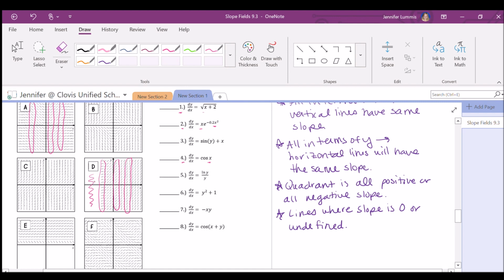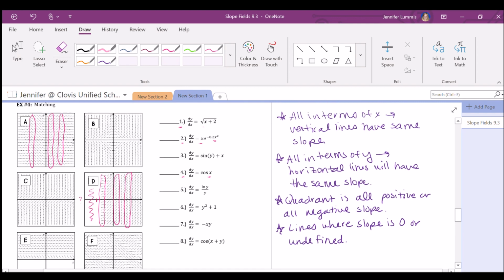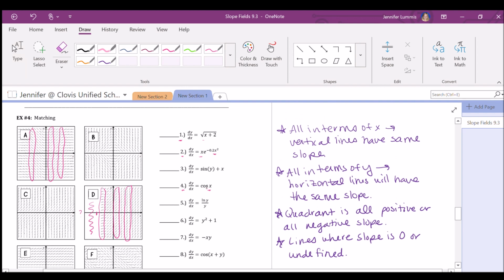So past some negative value, it doesn't exist. So let's take a look here. Number 4 is a cosine function. It should exist for negative values there. As we compare 1 and 2, it looks like number 1 is not going to exist when x is less than negative 2. So this is going to be graph D.